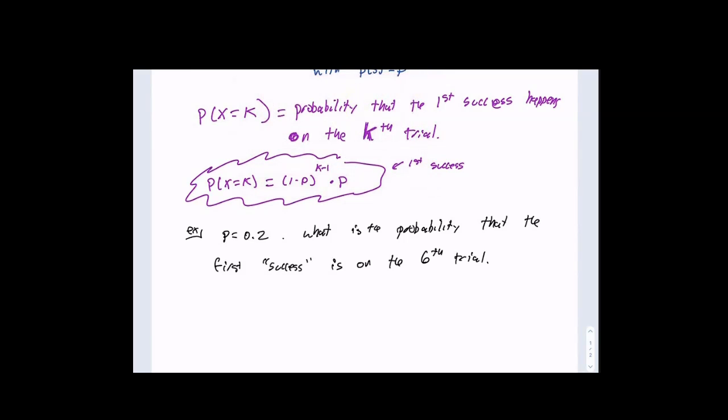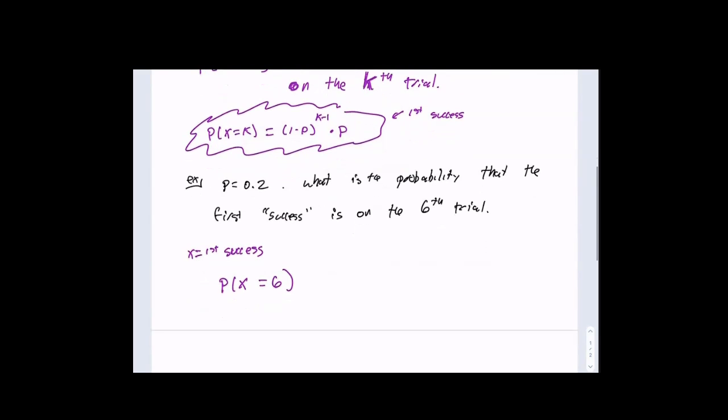So X equals first success, and we're trying to find the probability that X equals 6, that the first success happens on the 6th try. Which means that we get what? How do I calculate this? How many failures did I get? Or what's the probability of a failure?